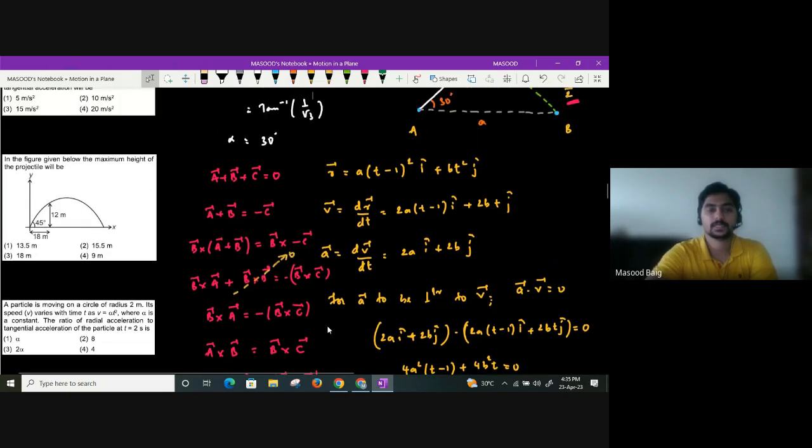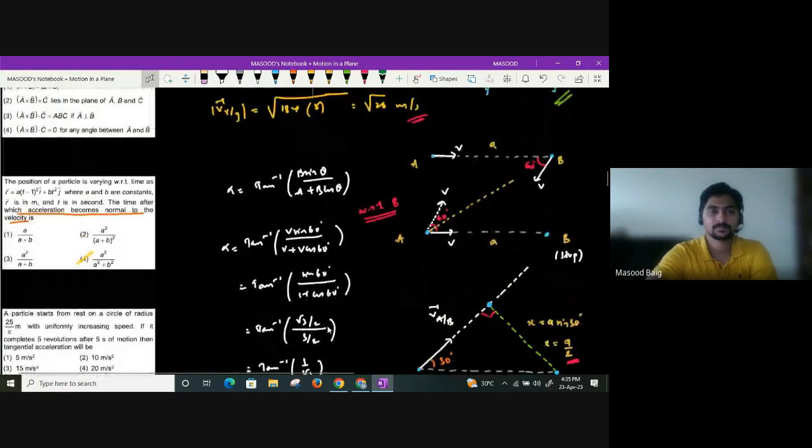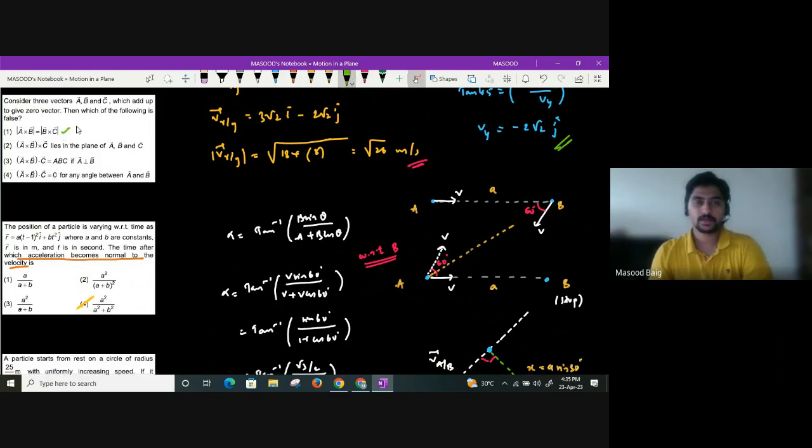Now what they are writing here, they're doing cross product with c bar, I believe. A cross b should be equal to b cross c. This is correct. A bar cross b bar cross c bar lies in the plane of a bar, b bar and c bar. So a bar cross b bar, if I take, it is perpendicular to the plane. And if I do b cross c, guys, it will lie in the plane. This is also correct statement only.